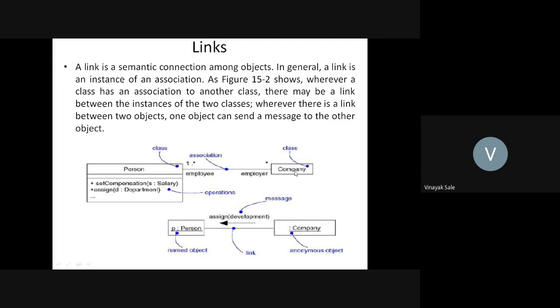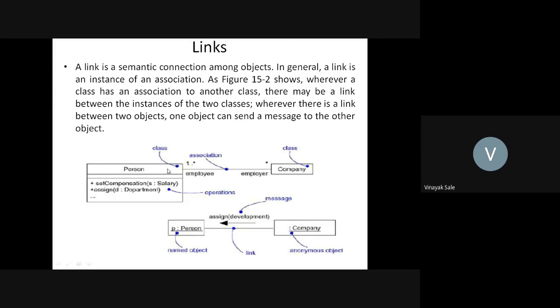Company is another class, so one class sends a message to another class. So there is a link between two classes. Person p, company c, so it assigns a department. The company assigns a department to that person, and this is known as a link.